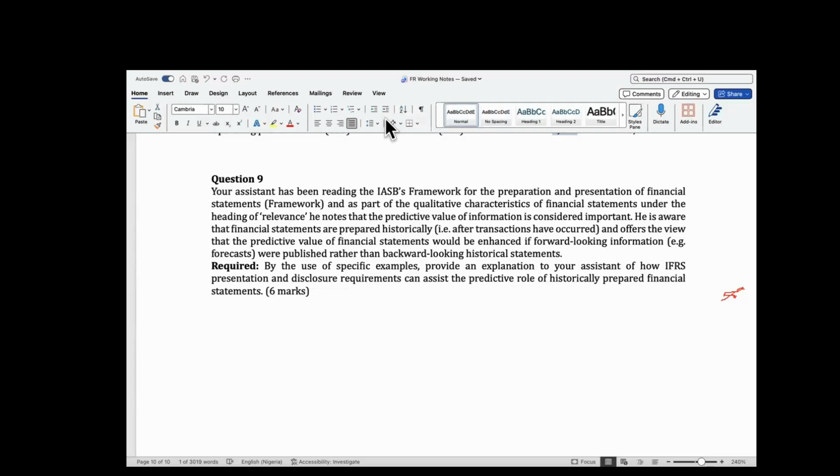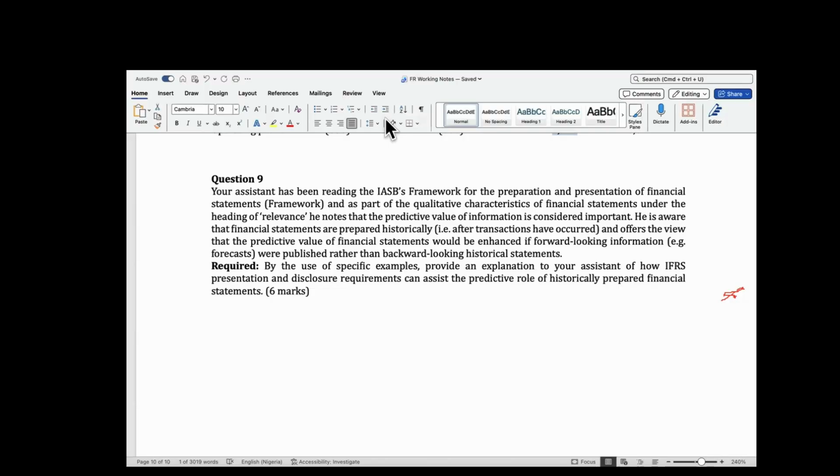Okay, so when it comes to predictive role, predictive value, I gave you 3 examples in this class when I was teaching you relevance last week, which I also revised today. I said, number 1, comparative information. The fact that the financial statements are presented for 2 years supports a predictive role of that information.